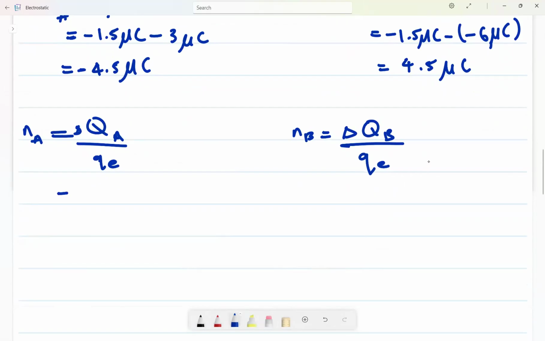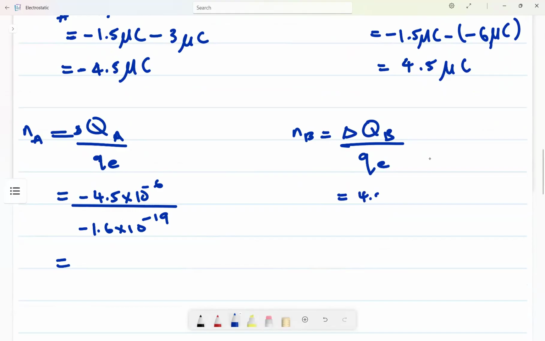Now, what is the change for A? The change for A is negative 4.5 times 10 to the power of negative 6, divided by the charge of an electron. If the numerator is negative, you're going to say negative 1.6 times 10 to the power of negative 19. Then you get an answer. For B, the change is 4.5 times 10 to the power of negative 6. If the numerator is positive, I'm going to substitute the positive charge of an electron, because the number of electrons should be a positive answer.